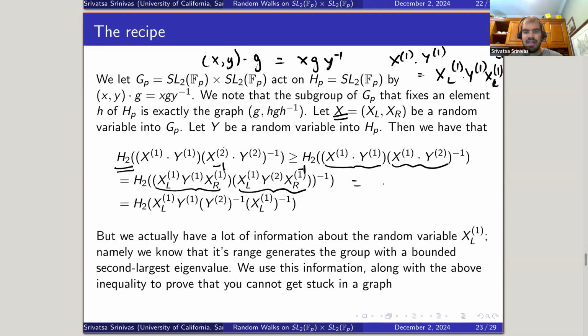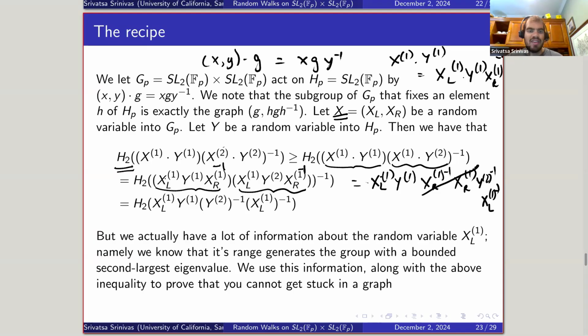Okay, but now let me compute what's inside that term. So I get xl1 times y1 times xr1 inverse times xr1 times y2 inverse times xl1 inverse. So voila, these xr1s cancel each other out.